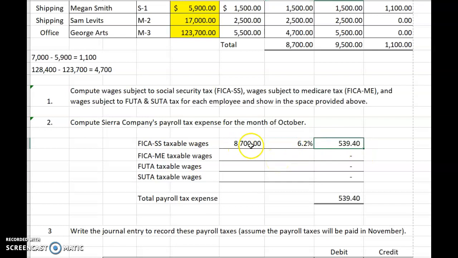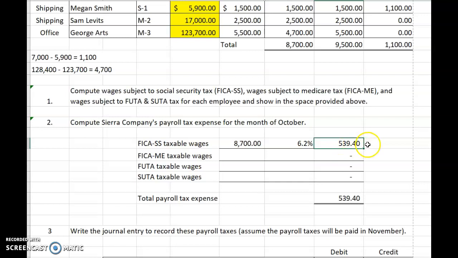Therefore, $8,700 times 6.2%, the company's tax liability for the employer's portion of FICA Social Security tax is $539.40.